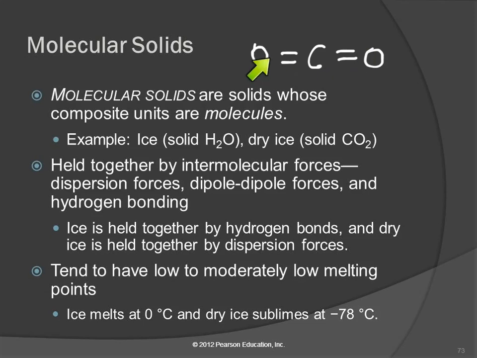So because it's not polar, carbon dioxide only has dispersion forces that are weak. And here we see that dry ice doesn't actually melt, it sublimes at -78. It goes directly into the gas state. Whereas ice that has hydrogen bonding, much stronger forces, melts at 0 degrees Celsius.